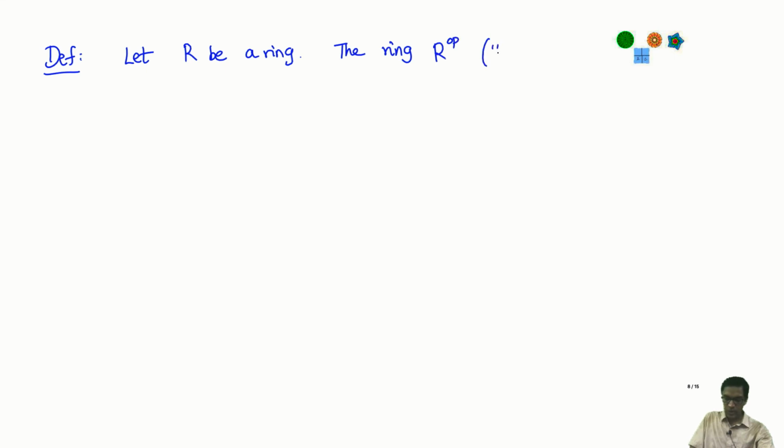This is called the opposite ring of R. So what's the opposite ring? To say that this is a ring, I must tell you what the operations are. The ring R op is defined via the following. R op is the same as R as a set. The underlying elements are the same as the elements before.